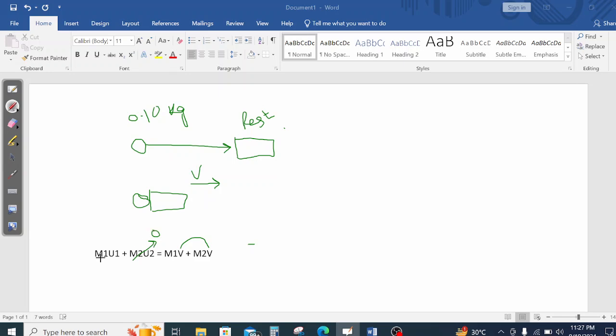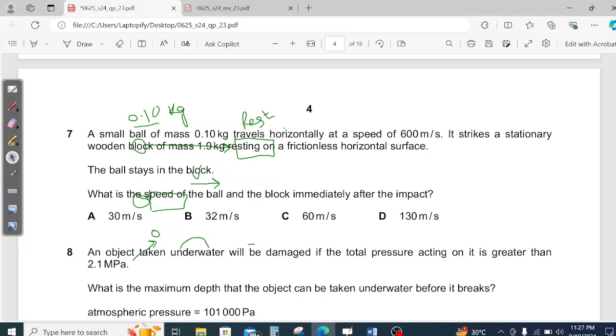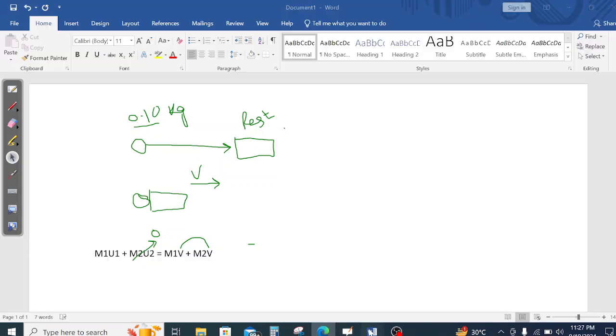The value of m1 is given as 0.10 and the speed is given as 600 meters per second.